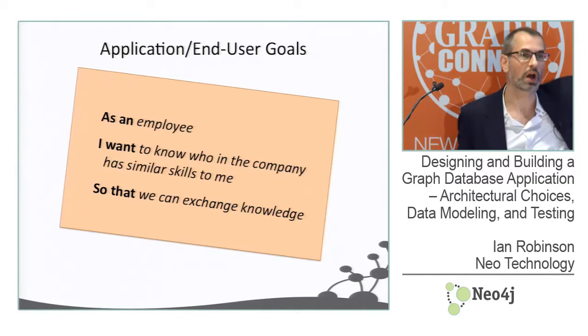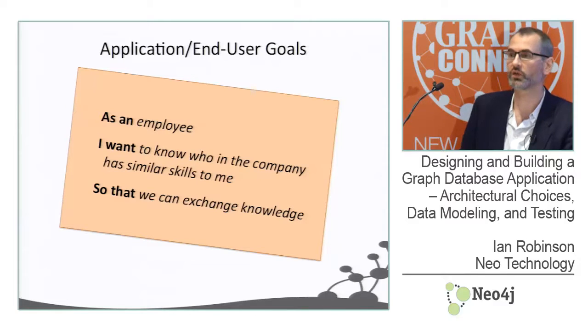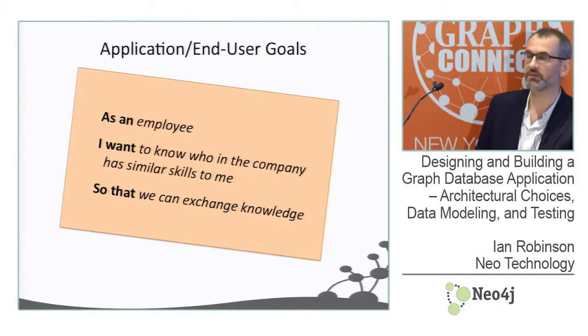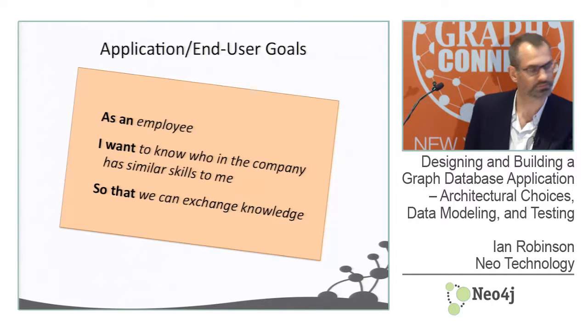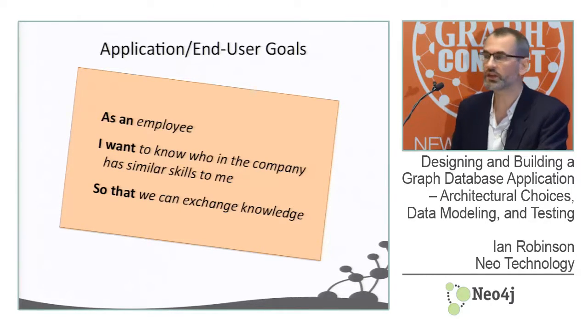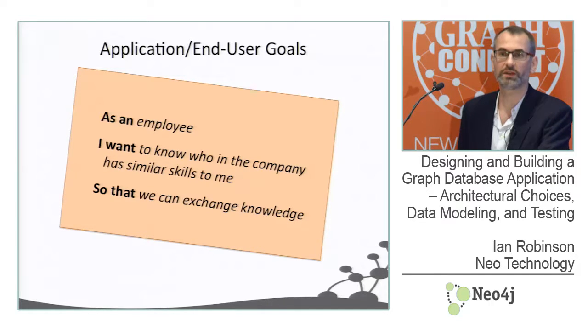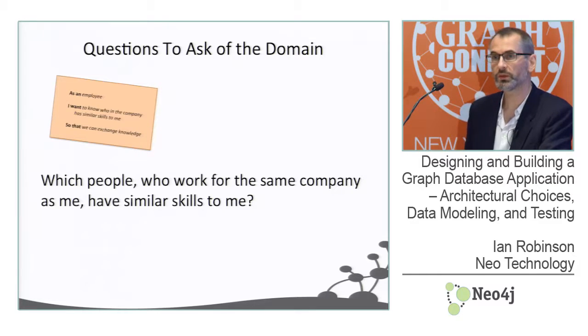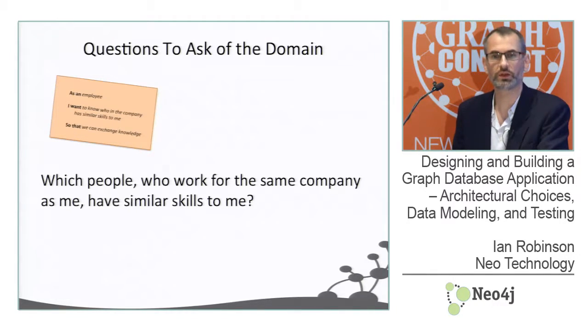There's probably likely a whole backlog of these kinds of stories that we're going to play over a period of time, in this iterative and incremental development process. But I'll take something like this, an agile user story. It's a description of what it is that we're trying to achieve. This is the goal. The first thing I'll do is to drill into it and try and identify what kinds of questions I would have to ask of my domain in order to be able to satisfy this end-user goal.